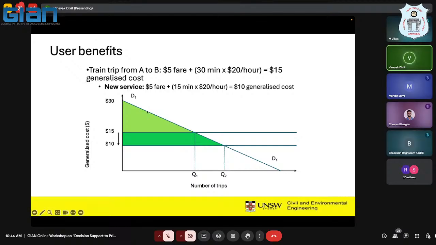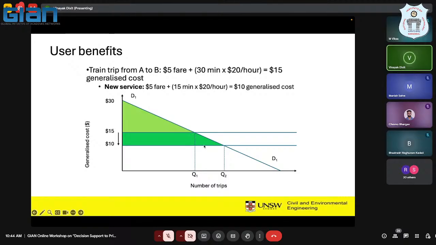So my total benefit, which I would have realized, is this shaded dark green piece, which is on average $5 for the people who are already there, plus the extra people who have joined, who will have an average of 2.5 because it's a triangle, right?